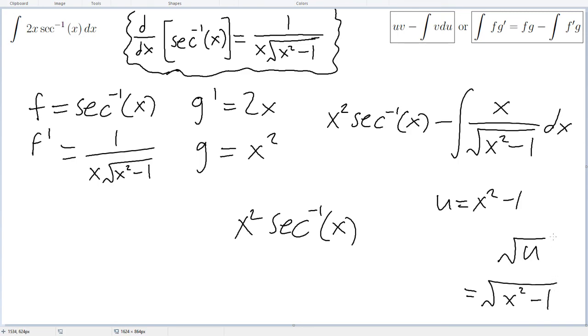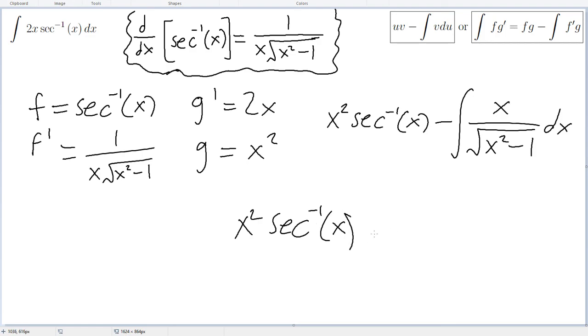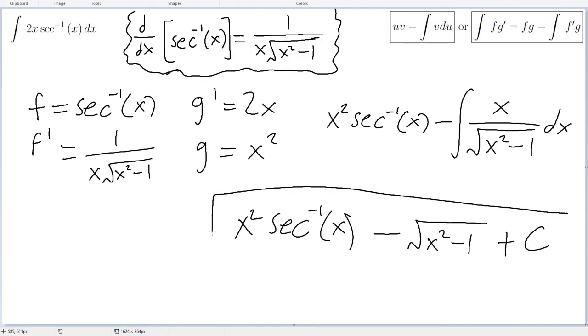Okay. So this is pretty much our answer right here. Just like that. And there you go. That's how you do integration by parts.